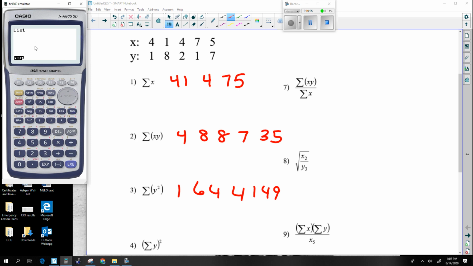Your answers should be displayed horizontally, not vertically on a new screen like my calculator does. But you can do arithmetic, like x times 3, or whatever you want to do. So for instance, in number 2, where we had to take x times y, that was x times y.